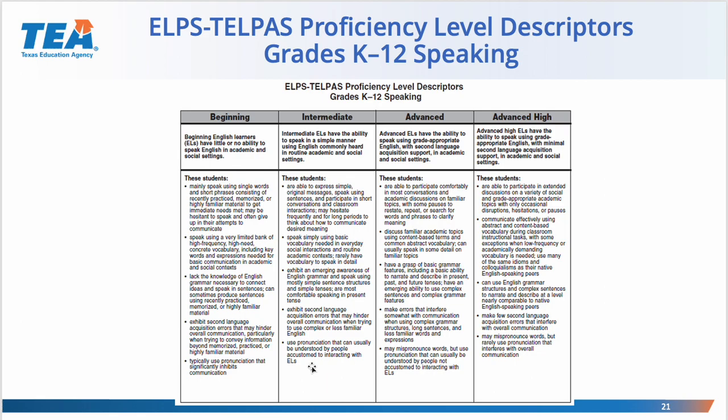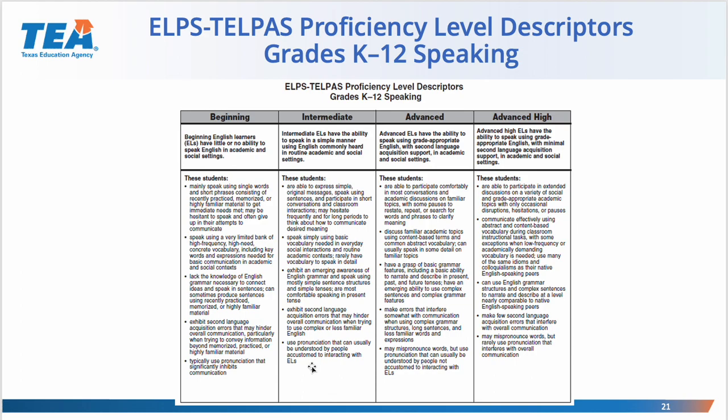So for us, if anyone on the call is bilingual, you kind of have to take that Spanish out of your head, because the way you apply this rubric is really looking and taking out your own biases and your own background information. So if your friend that isn't used to understanding people with accents couldn't understand this kid, then they're probably intermediate, right?